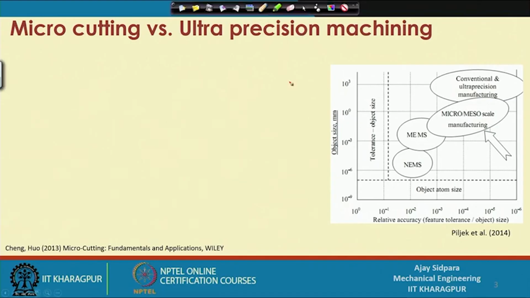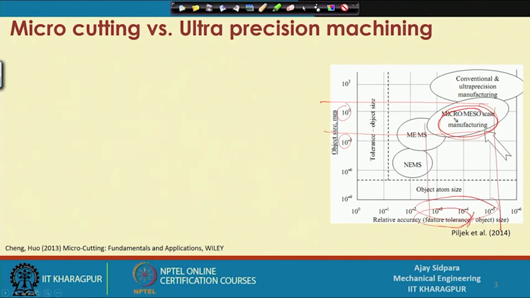Micromachining is at this location, with a part size from tenths of a millimeter to a few hundred microns. Its relative accuracy means the feature tolerance, that is, the tolerance of your component divided by the object size.